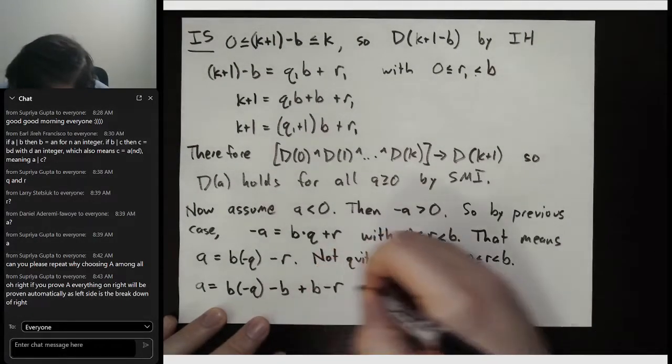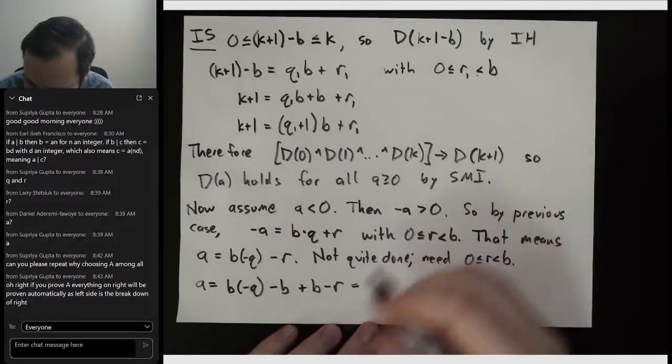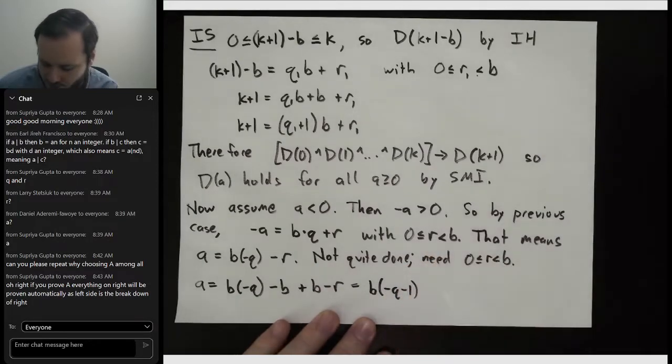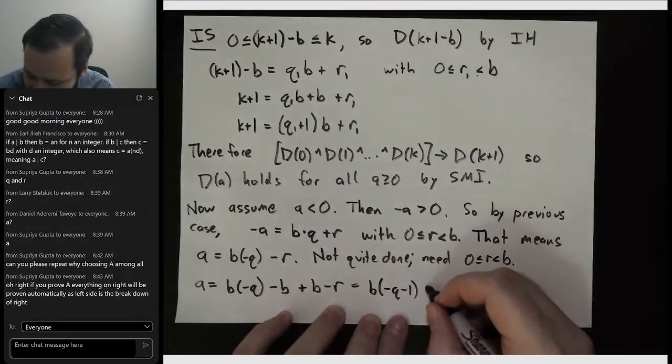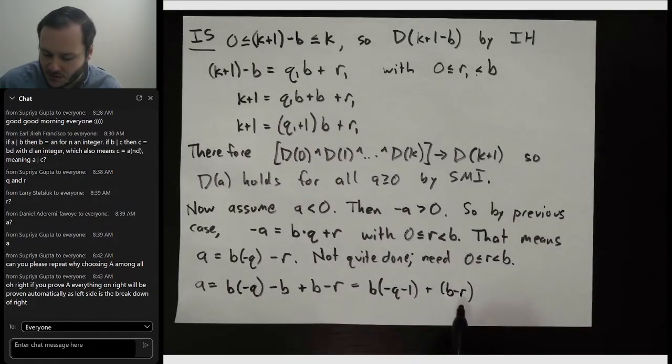Well, this is just another copy of b. So this is b times minus q minus 1. And this, b minus r, is going to be, because r was stuck between 0 and b, b minus r is also going to be stuck between 0 and b.